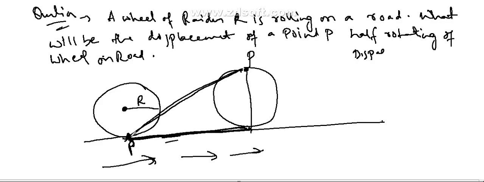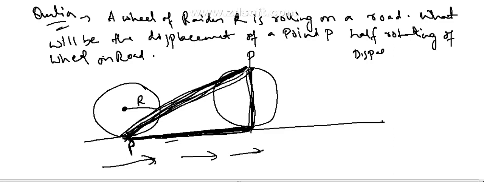But we are talking about the shortest path. The total distance to point P would be here and here, but this is not the shortest path. The shortest path is this one. So how to find the distance?